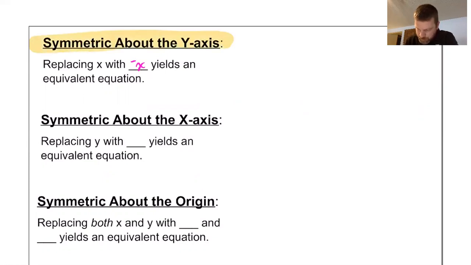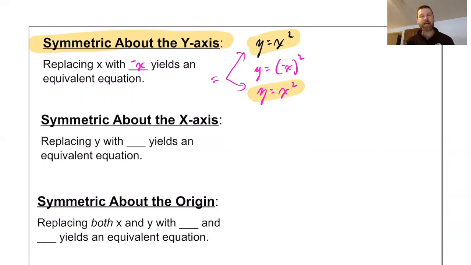Let's say we've got y equals x squared, and you replaced x with -x, then you get y equals (-x) squared. But that simplifies to y equals x squared, and you'll notice my original and my new one after I replaced it, they are equivalent. If that happens, you're symmetric about the y-axis.